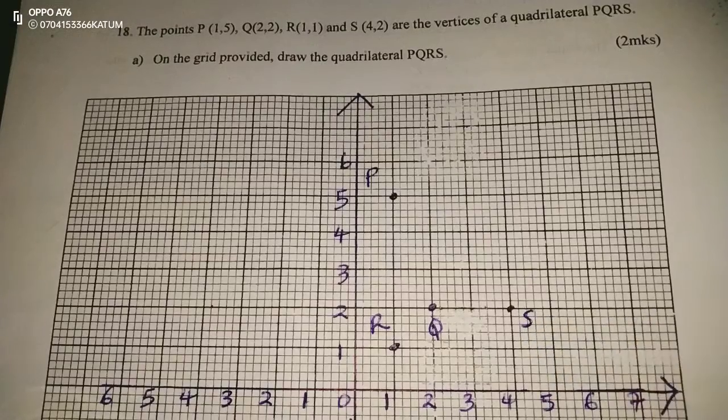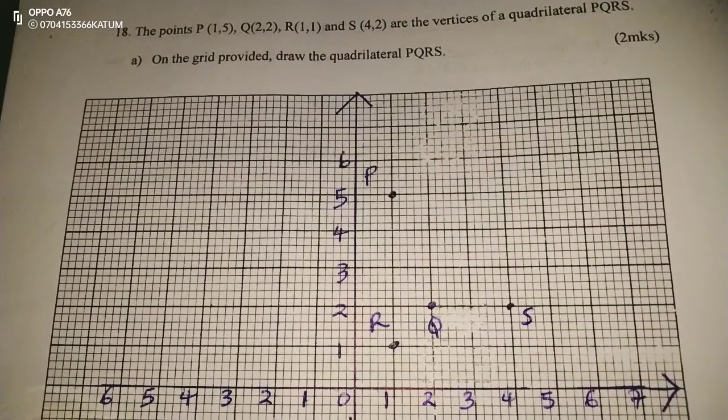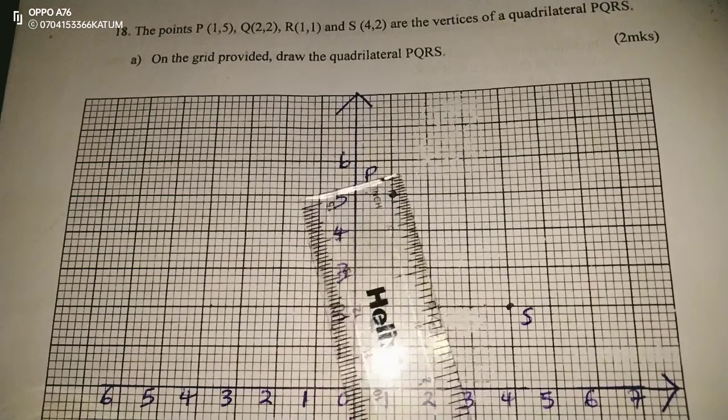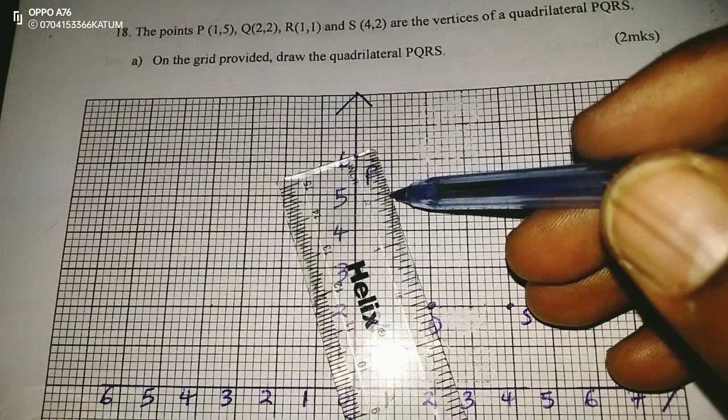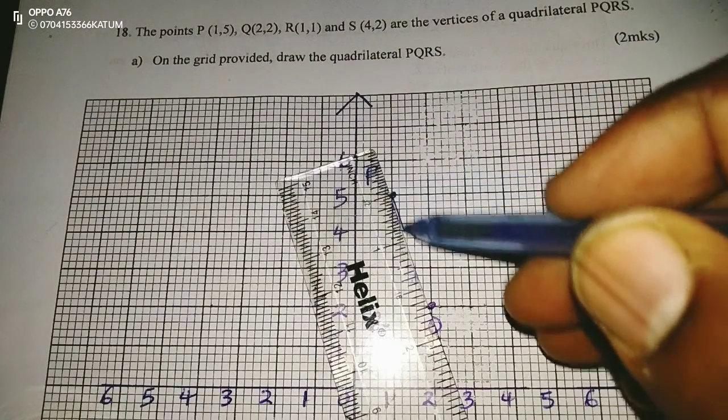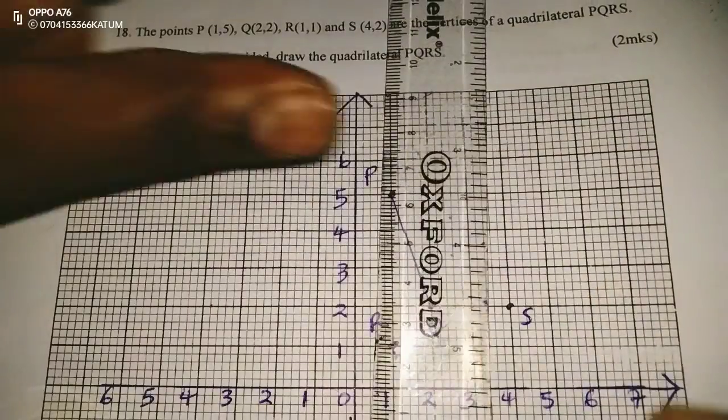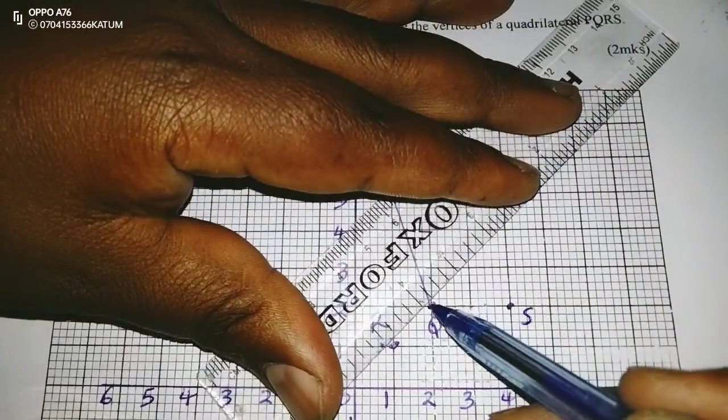Then now when we join the coordinates, we're going to get the triangle. Not the triangle, but the quadrilateral. According to that order, PQ, so from P we go to Q. Then QR.